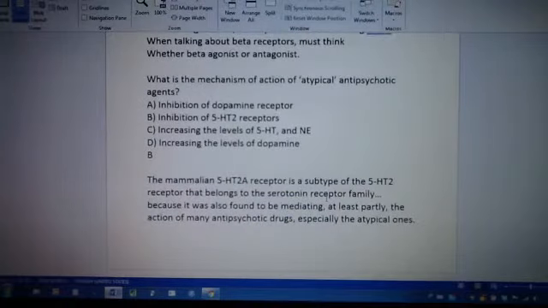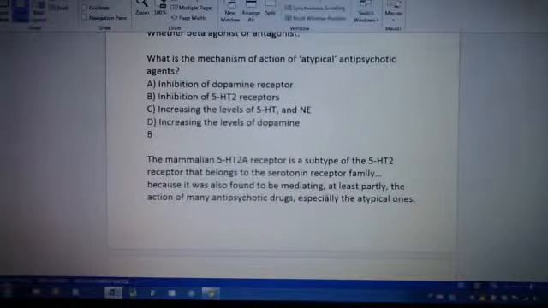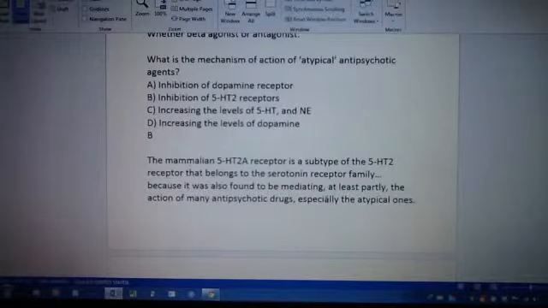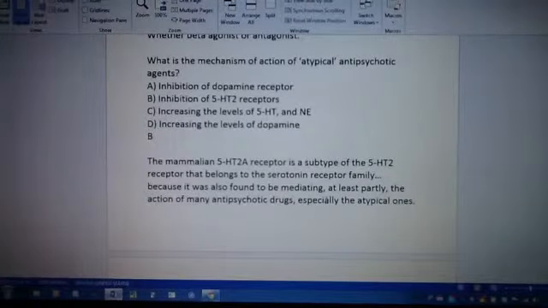Next, what is the mechanism of action of atypical antipsychotic agents? A. Inhibition of dopamine receptor. B. Inhibition of 5-HT2 receptors. C. Increasing the levels of 5-HT2 and norepinephrine. And D. Increasing the levels of dopamine. The answer is B. Inhibition of the 5-HT2 receptors. So what are those receptors?